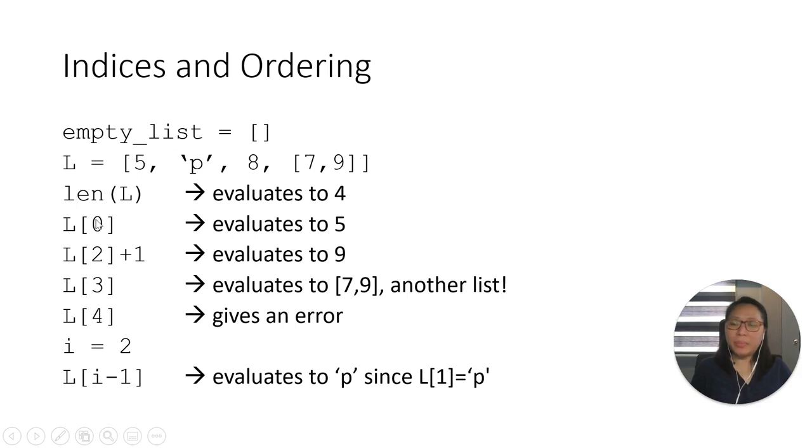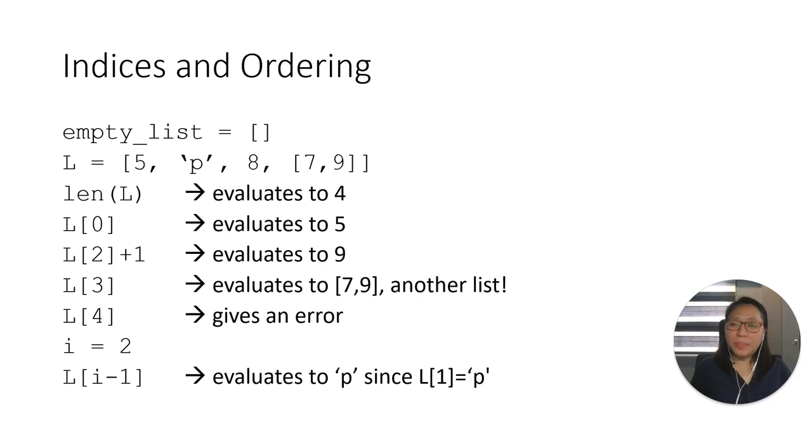Here are some examples. So the first line is an empty list, which we assign to the name empty list. And L is assigned this list. So the first element in the list is an integer 5.